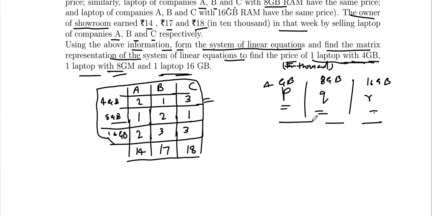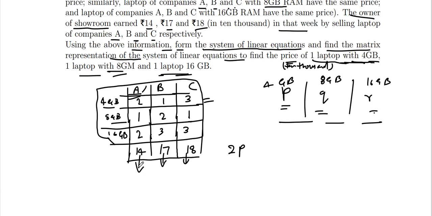So how will we form it? Observe that these are the earnings of the owner, in 10,000. For simplicity, let's keep only 14, 17 and 18. Let's stick to company A first: the showroom sold 2 laptops with 4 GB, so the total amount will be 2P.